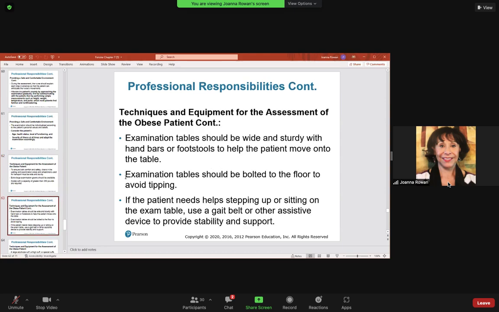Examination tables should be wide and sturdy with hand bars and a footstool to help the patient move onto the table. Examination tables should be bolted to the floor to avoid tipping. If the patient needs help stepping up or sitting on the exam table, use a gait belt or other assistive devices to provide stability and support.